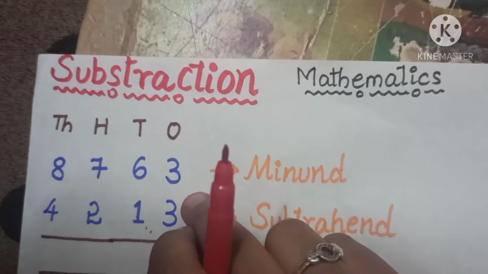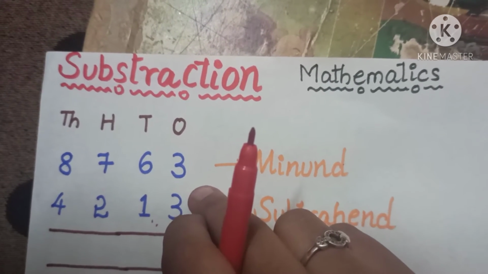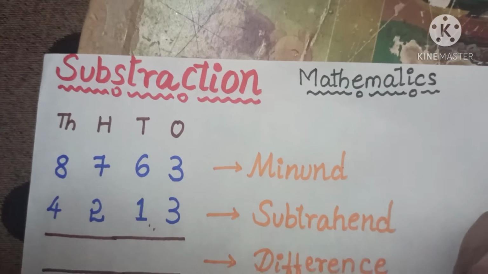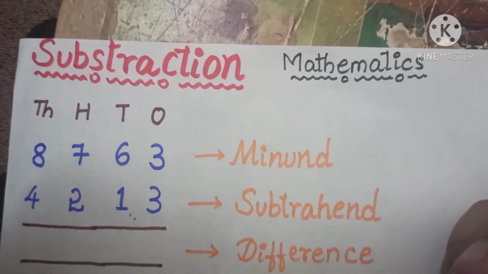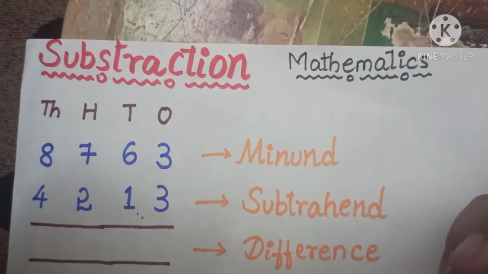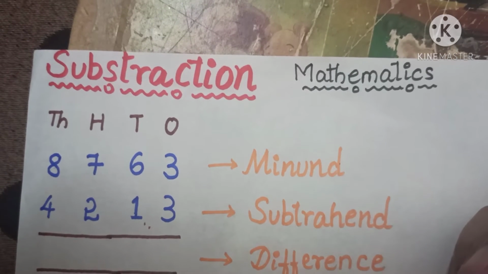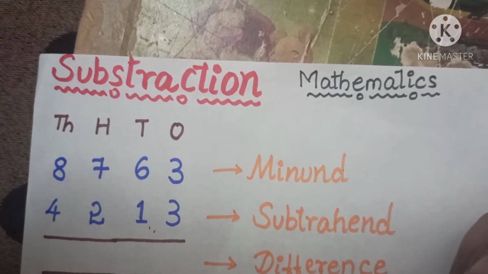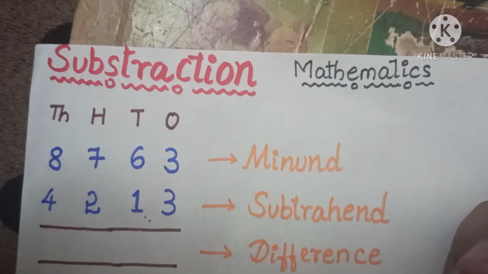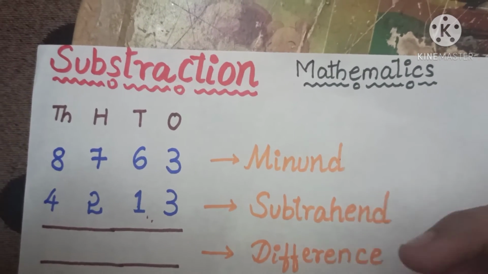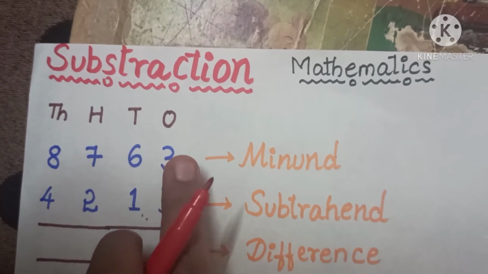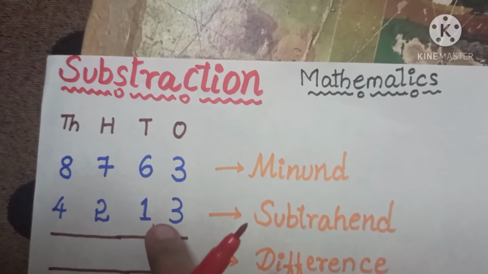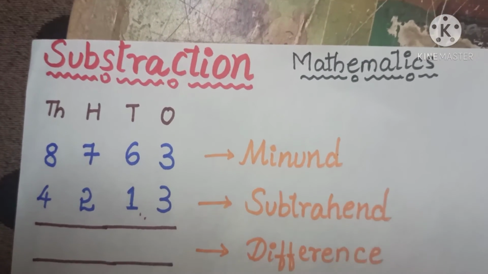As we have 8763 and 4213, just write down these two numbers in your notebook and find which is the bigger number. Yes, my dears, I hope you have found that 8763 is a bigger number than 4213.